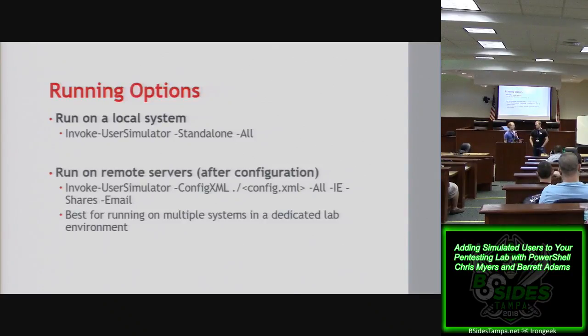You don't need that to run. Running on remote servers, here it expects that XML file defining the remote server. We're calling them servers. They can just be normal workstations. But define those remote computers that it's going to get run on and pass it options for what you want to run. So this is super useful when you've got a larger group of systems you want to run it on, and you don't want to have to manually log into each of those.